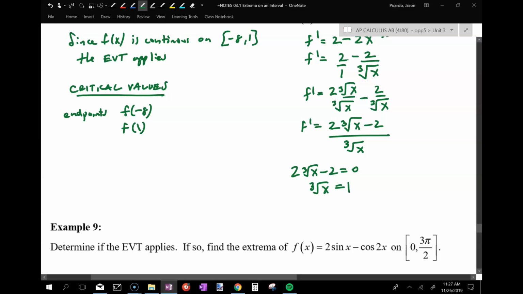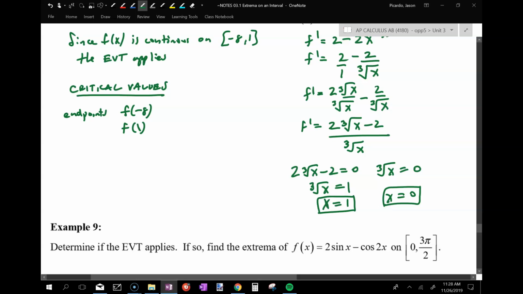The cube root of x equals 1, which means x had to be 1. Can't be negative, because the cube root of a -1 would be -1. And then I got the cube root of x equals 0, which means it does not exist. And what value does that occur at? At 0.